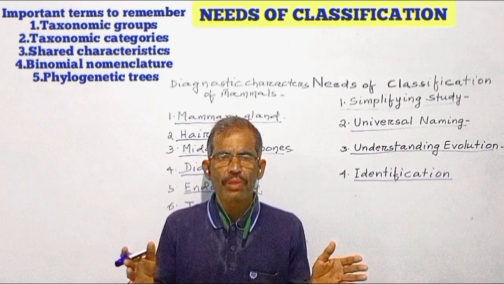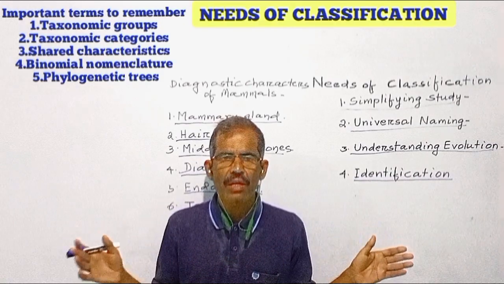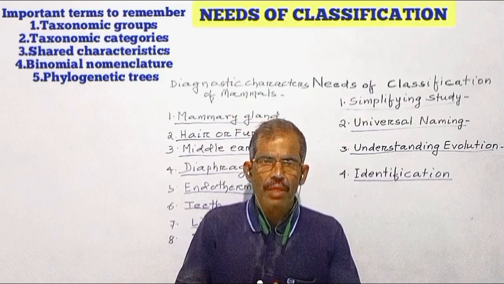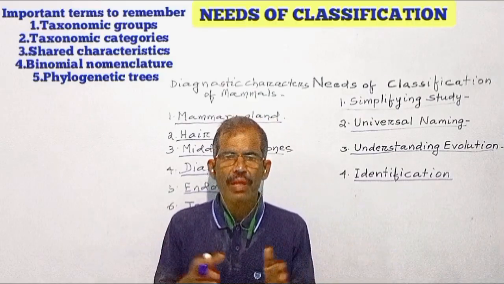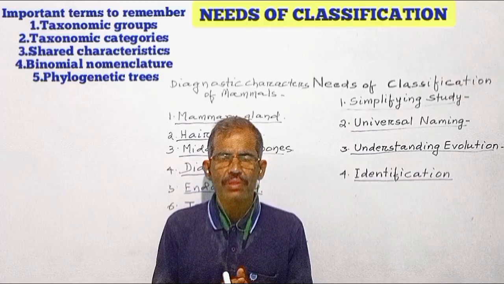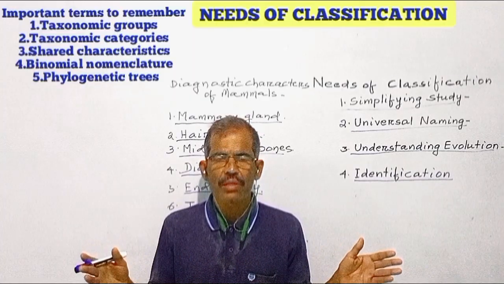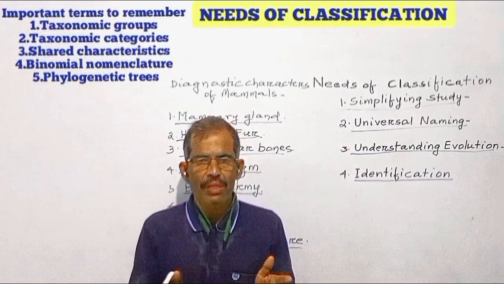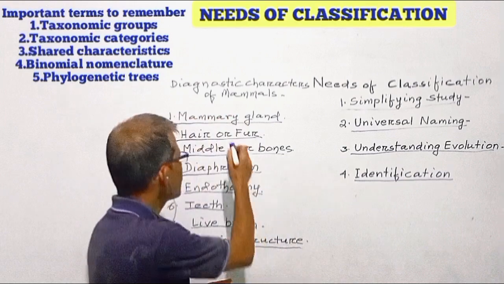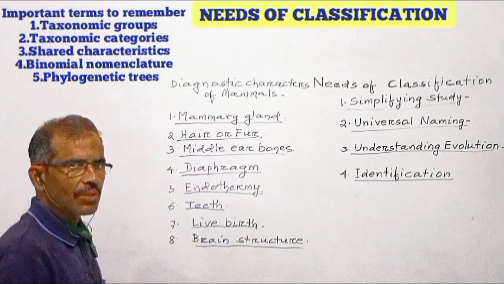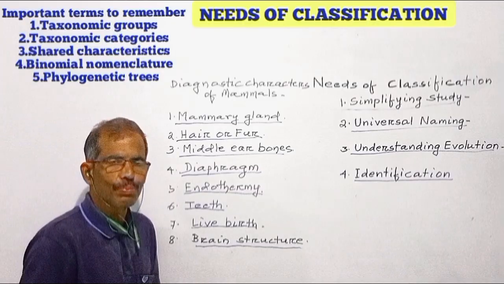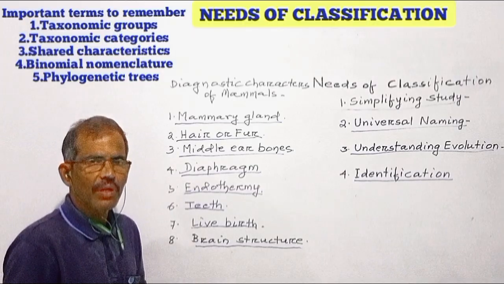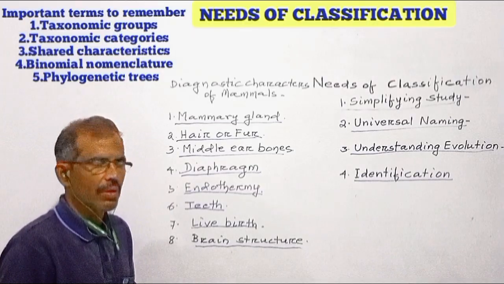Now the question is, what are shared characteristics? The characteristics that all organisms of a taxonomy group possess are known as shared characteristics. For example, these are the shared characteristics of mammals. First one is mammary glands, which produce milk for nourishment of the newborn.